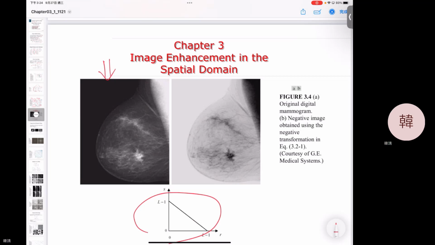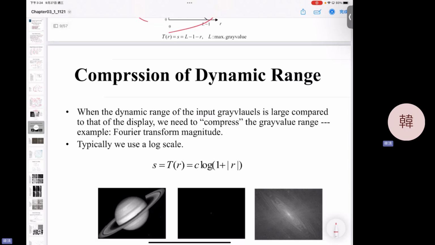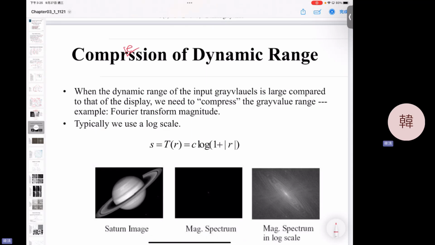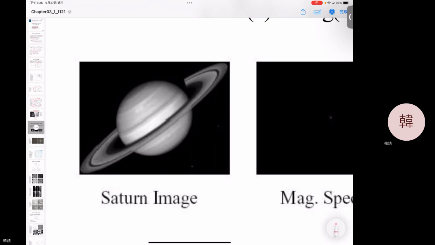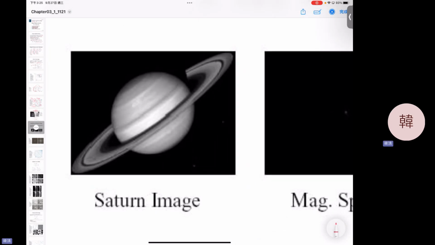Next is the compression of dynamic range. We will talk about the Fourier transform later in chapter 4, but now I'll just give you one example. This is the original Saturn image.